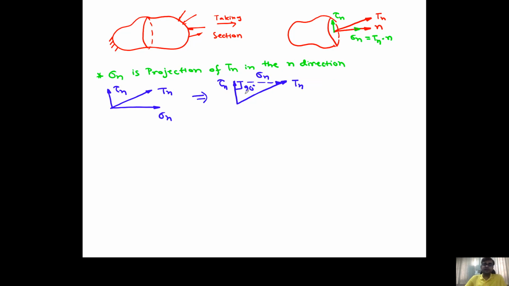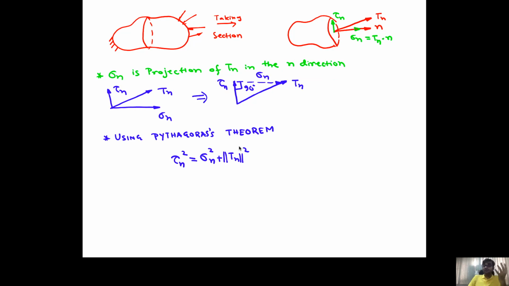So from this triangle, using Pythagoras theorem, what do we have? We have Tn square is equal to sigma n square plus tau n square.